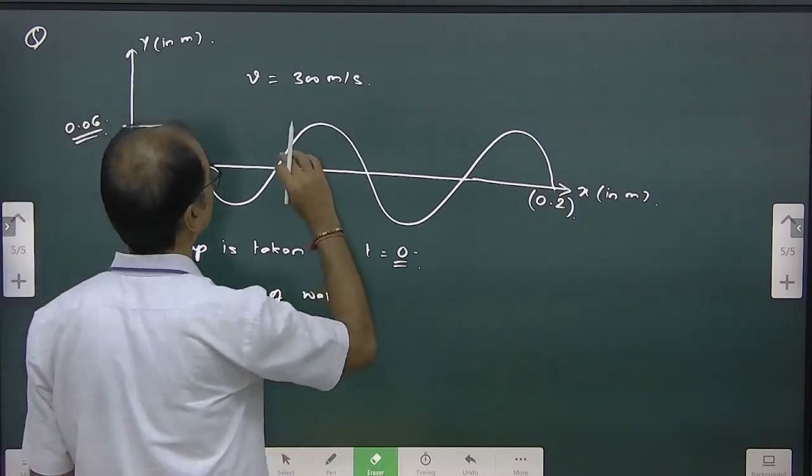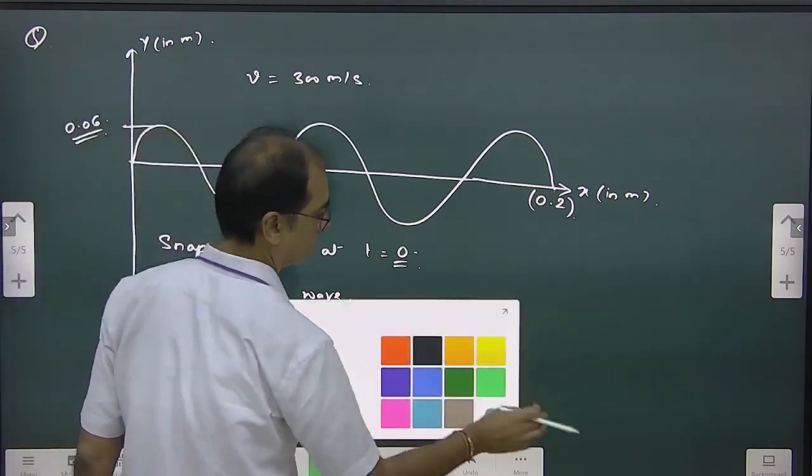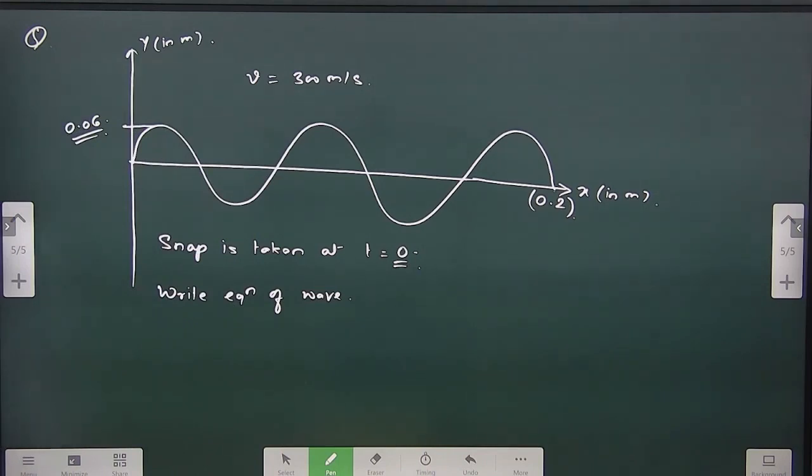We can show a similar one, right? Okay, leave it. That is what you have to find from the given data.